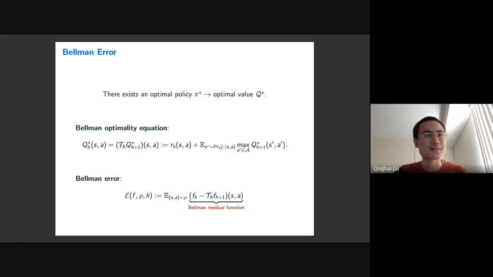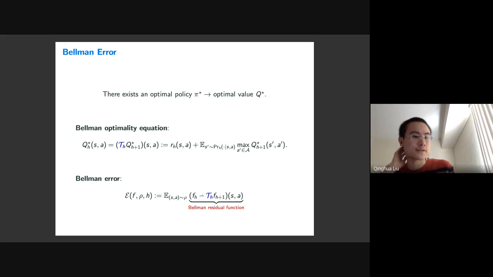Okay, so of course, this Bellman optimality equation is only satisfied when my value function is Q star. So if I replace this Q star with some other function f, it will introduce the so-called Bellman error, which is defined as the function at step H minus the Bellman operator operating on the function at step H plus 1.